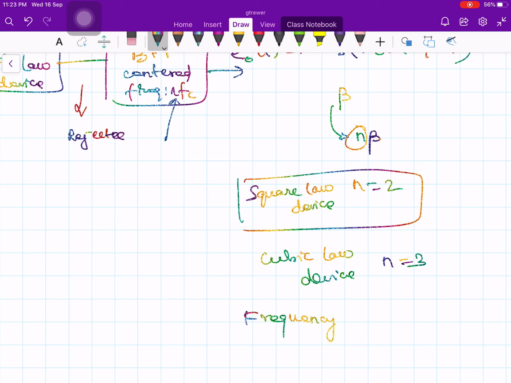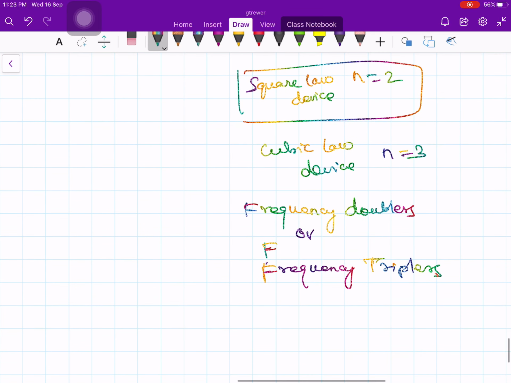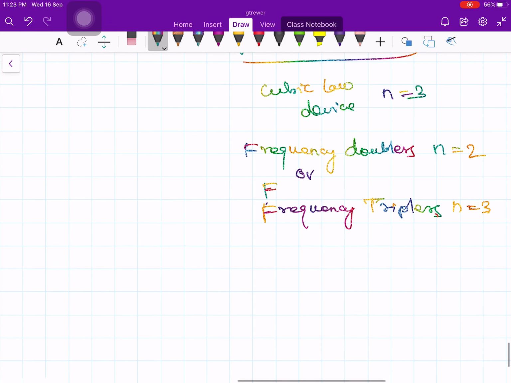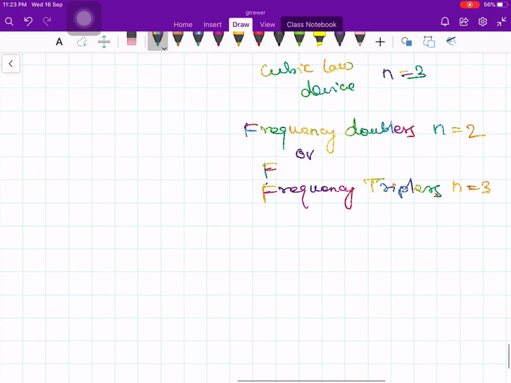These two multipliers are very easy to realize using your electronic components. So frequency doubler means N equals 2, frequency tripler means N equals 3, because the typical non-linearity in an nth law device has powers associated with N equals 2 or N equals 3.